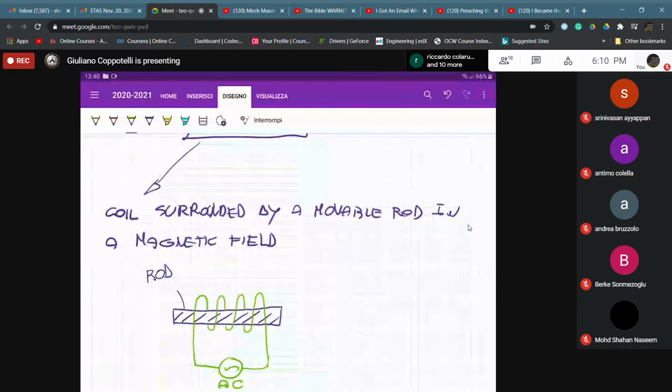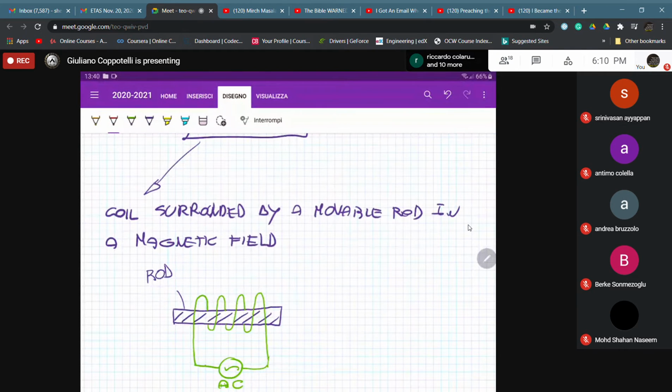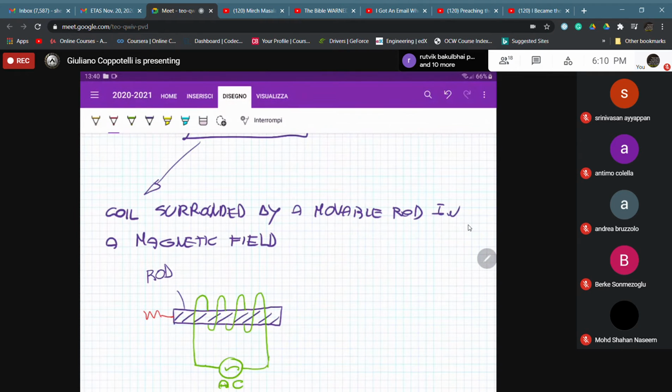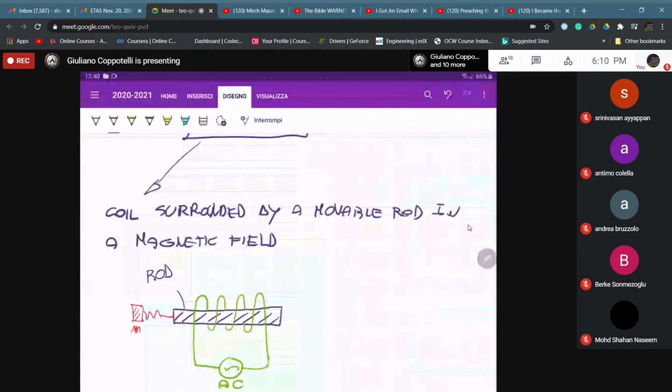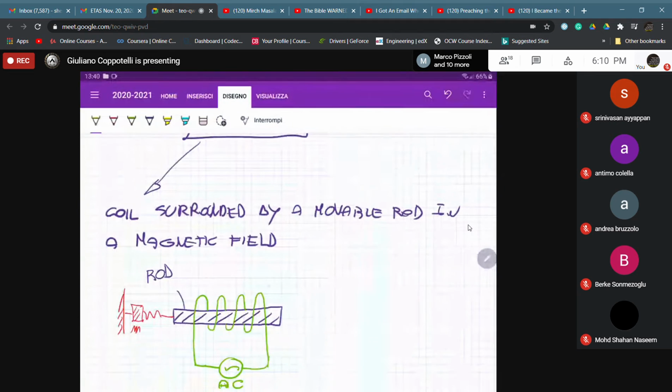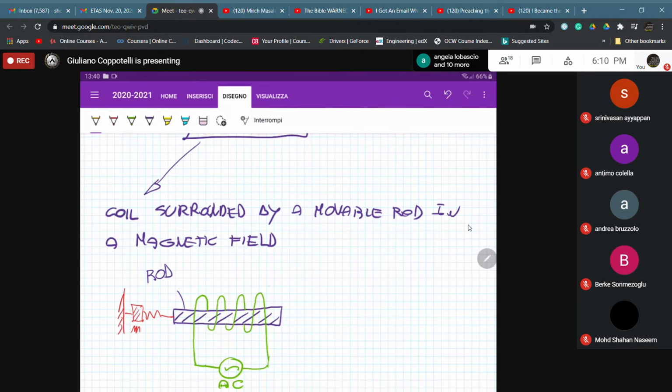Then this rod is connected to your mass, to your reference system. And then what we have is a sort of magnetic field like that.